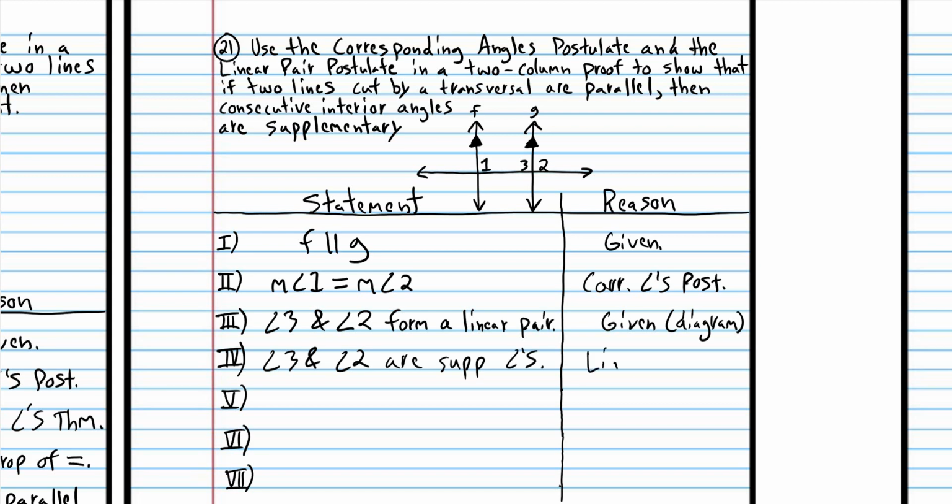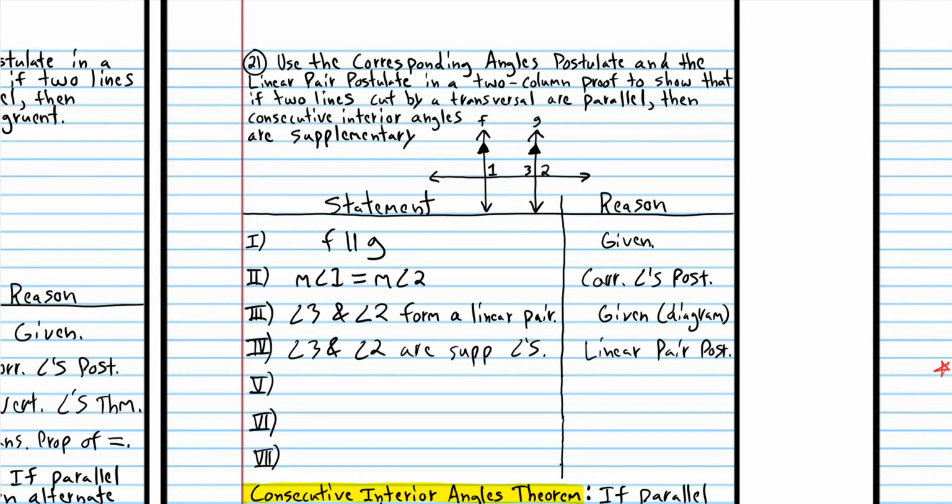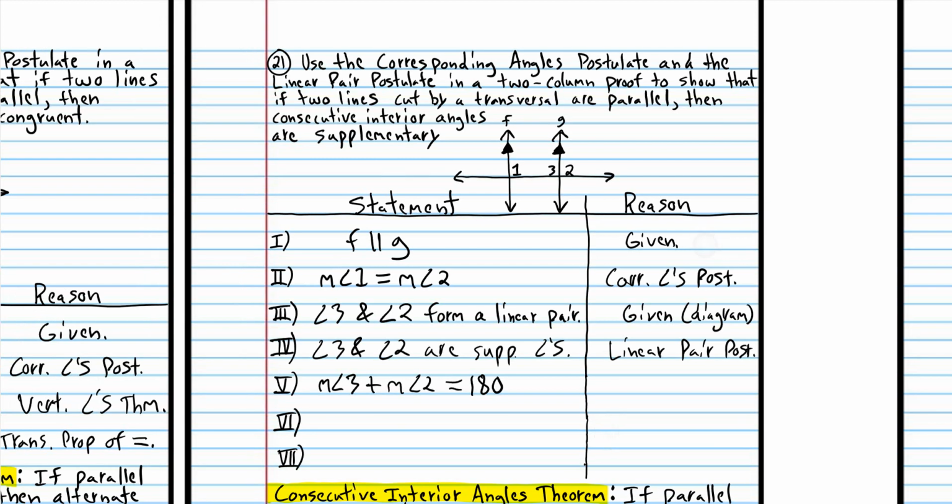And that is the linear pair postulate. So by definition, the measure of angle 3 and the measure of angle 2, they add up to 180 degrees. And that is just the definition of supplementary angles.